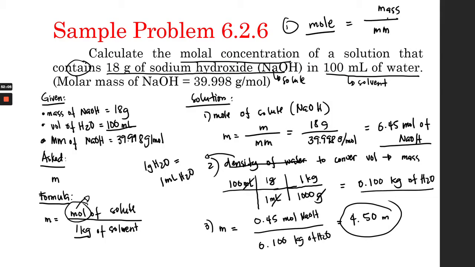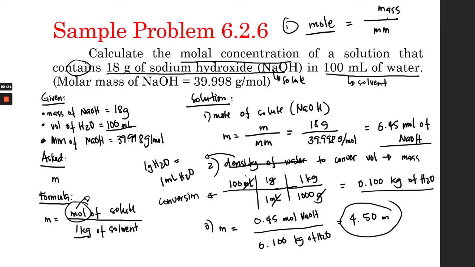When they give you a situation like this, for example, where it's not water, they would usually give you the density of that liquid solution or liquid solvent in order for you to convert it to mass. So you just have to make sure you know how to perform conversion.